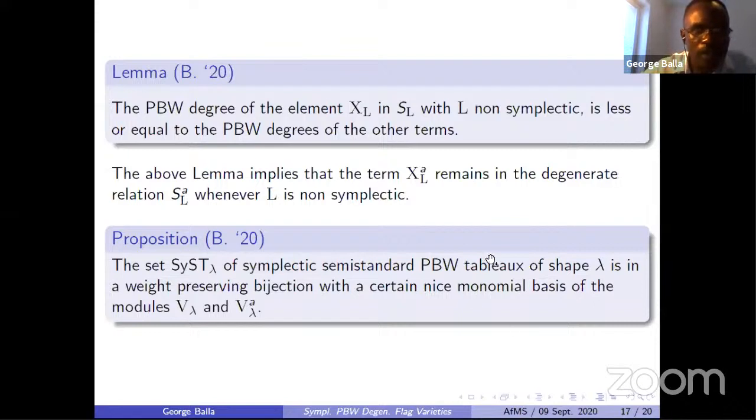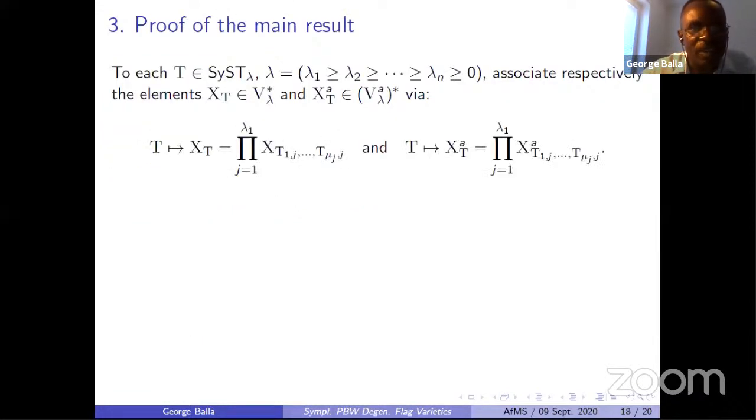And another important property of these tableaux is that they are in a weight preserving bijection with some nice monomial basis for these modules we saw before. How nice it is, maybe if someone asks later. And maybe let's talk about the proof of the main result briefly.